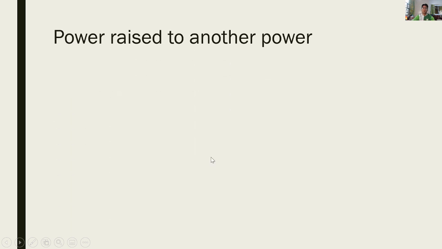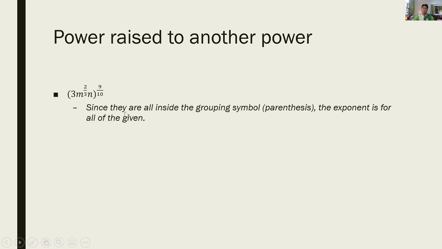Move tayo. Power raised to another power. So the given will be 3m raised to 2/3 n, then the whole power is raised to 9 over 10. Now what is the thing that we have to understand with this one?